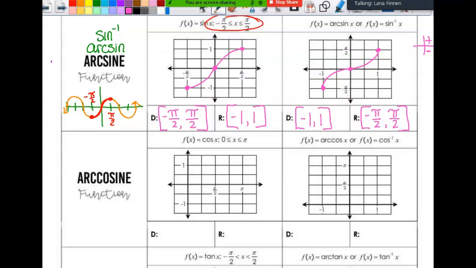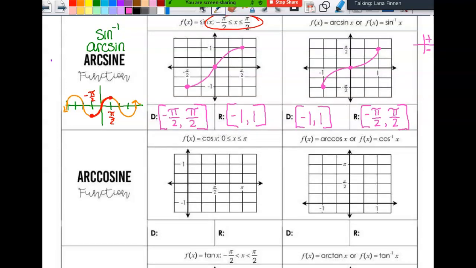All right, so let's look at cosine. I've got arc cosine. This is cosine inverse. And then we're going to do the same thing. We're going to graph from -2 pi to 2 pi just so that we have a full cosine graph to look at.